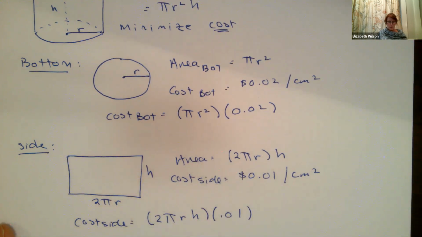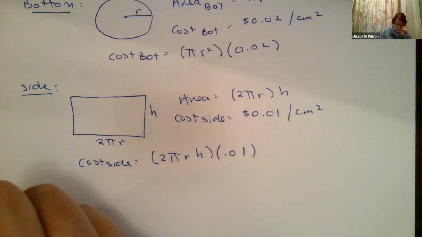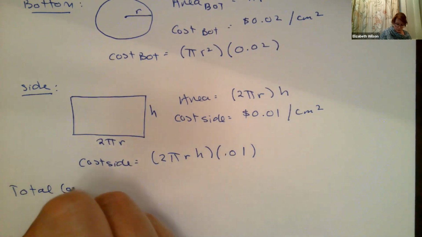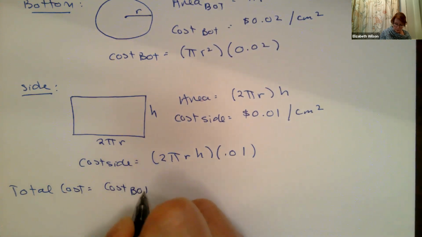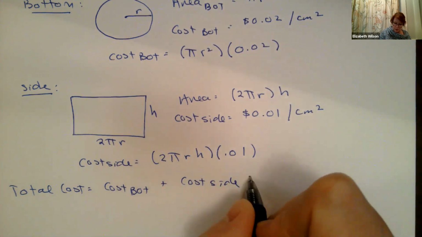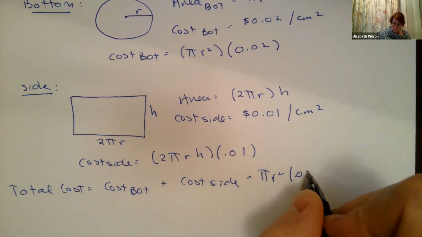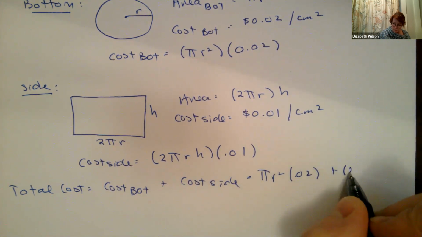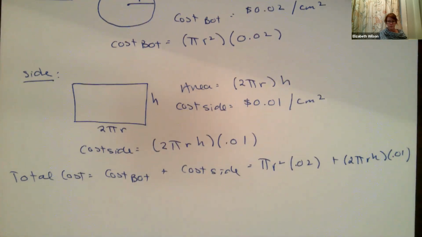Our total cost is going to be adding those together. Total cost is the cost of the bottom plus the cost of the side, which equals pi r squared times 0.02 plus 2 pi r h times 0.01.